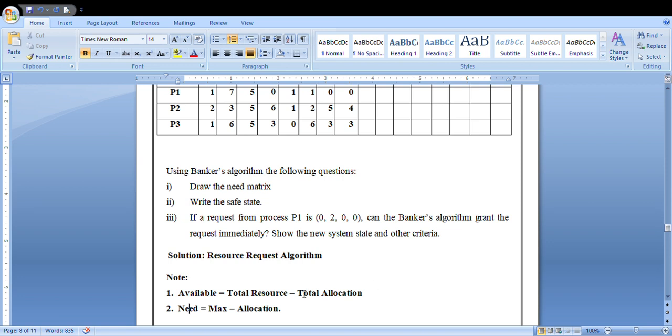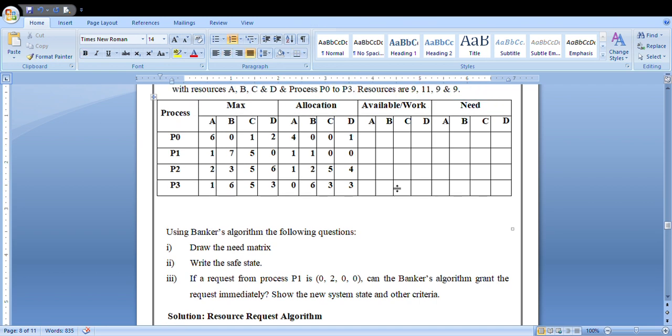As I said before, it is the total resource value minus total allocation. How to calculate the resource value? Total resource value is already given: 9, 11, 9 and 9. This is the total resource value. How to calculate the total allocation value? Summation of each and every resource. You have to perform the summation for each and every resource. So 4 plus 1 plus 1, it's 6.